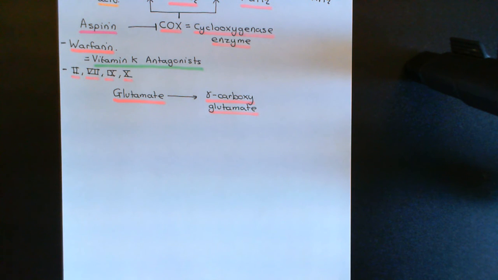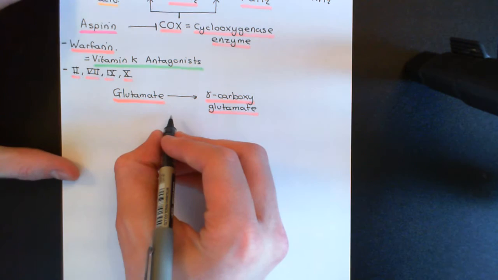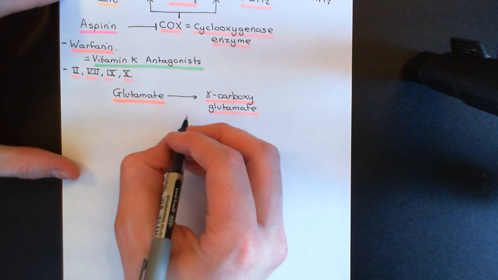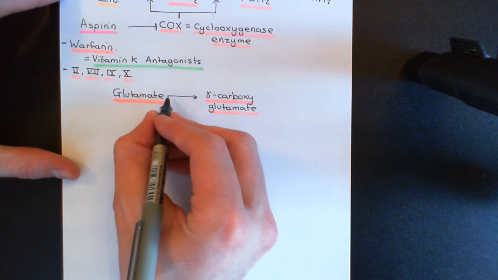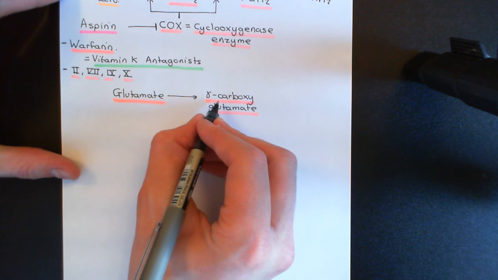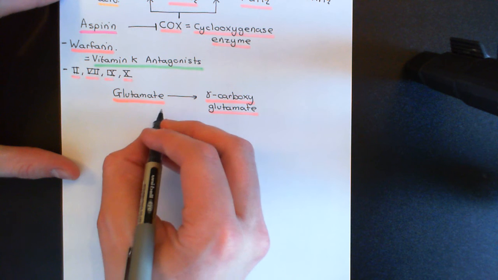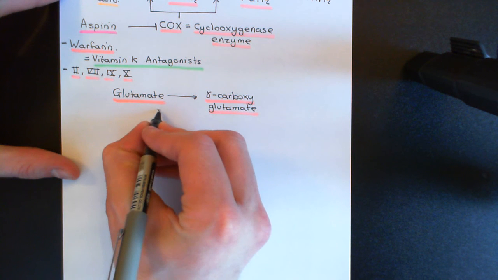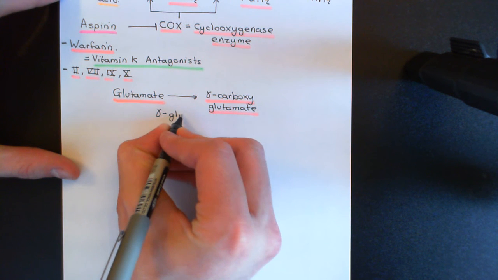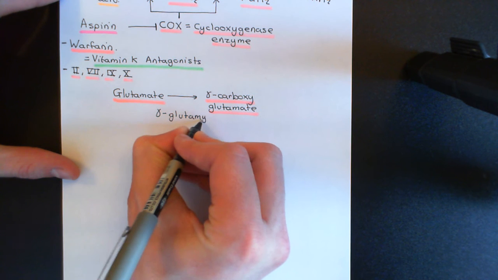So how does warfarin actually achieve this? Well, it inhibits the enzyme vitamin K oxide reductase. Let me remind you of the purpose of vitamin K oxide reductase. The enzyme which catalyzes the conversion of glutamate to gamma-carboxyglutamate is known as gamma-glutamyl carboxylase.